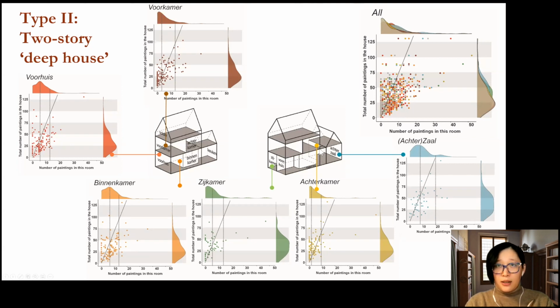Although this Achterzaal, or the back hall, was often perceived as the most ostentatious space for receiving guests, it was located only at the rear of the house and was therefore less accessible than the Voorkamer upstairs. It can be accessed directly through a staircase from the Voorhuis, or the Binnenkammer, which was laid directly behind the Voorhuis.